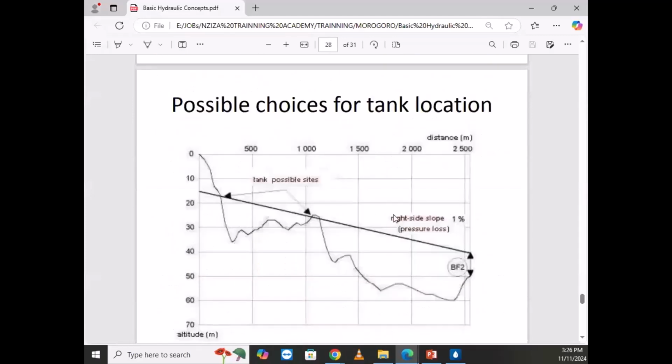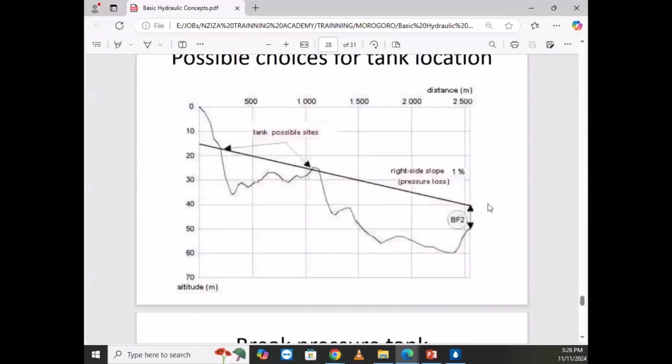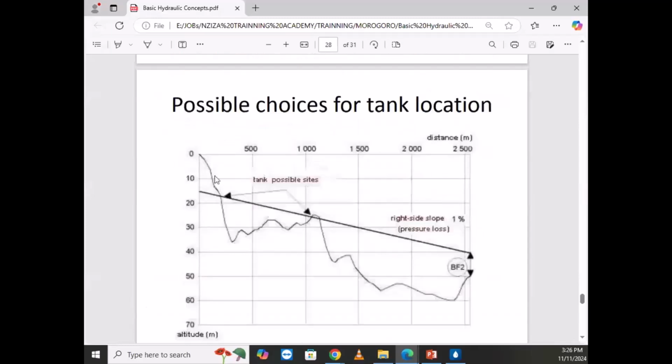But the exercise for you was just to propose, if you have two tank positions, here and here, where you can locate your tank, either here or here, so that you can distribute water along this profile.